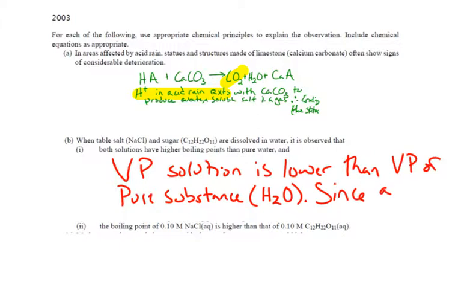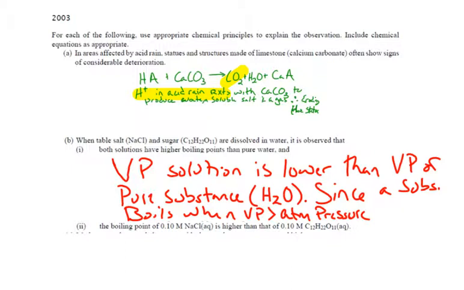Since a substance boils when its vapor pressure is greater than atmospheric pressure, the solution has a higher boiling point.